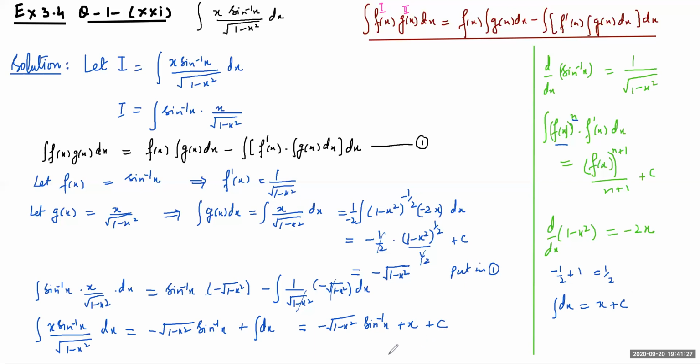If you want to adjust your answer, if you don't like to start your answer with the negative sign, as I don't like to start my answer with the negative sign, I am going to rewrite it as x minus square root of 1 minus x square into sine inverse x plus a constant of integration, and that completes the answer.